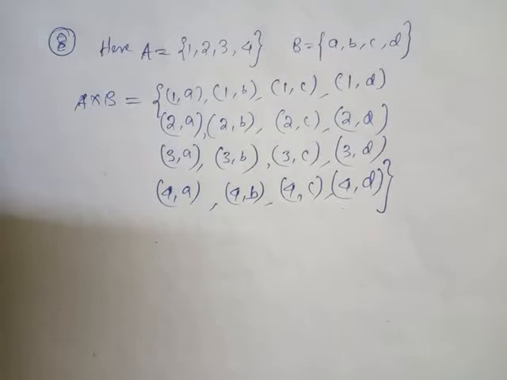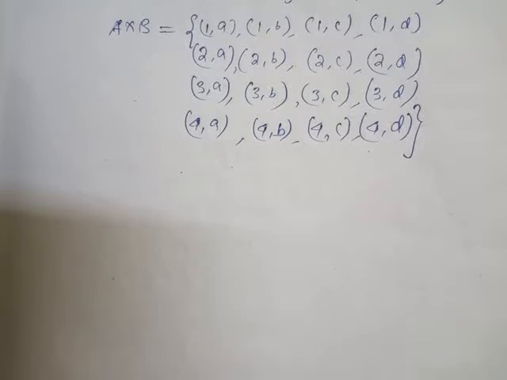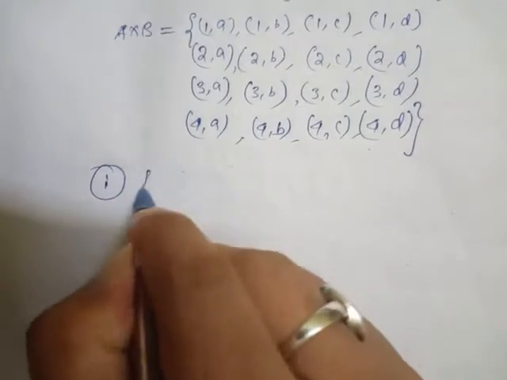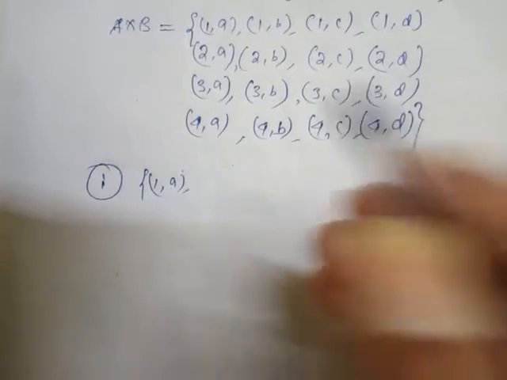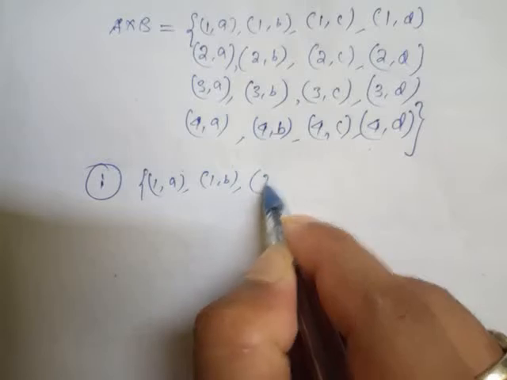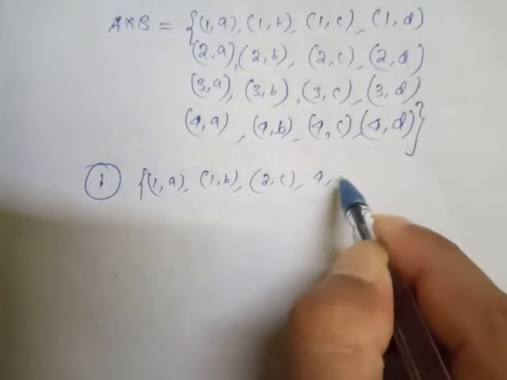Now look how to find out all the questions one by one. Finding A product B is the best way to find the other relations in this question particularly. Now Roman 1 is given: 1 comma a, then 1 comma b, then 2 comma c, then 4 comma d.